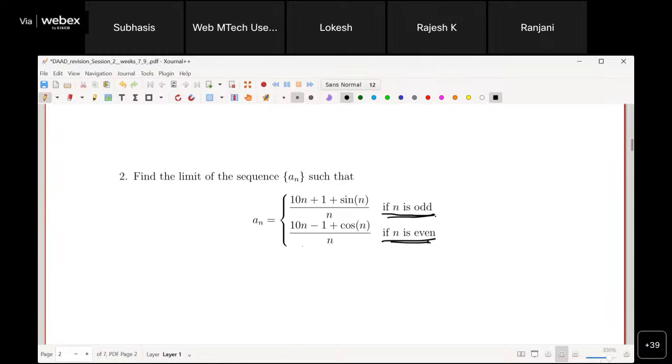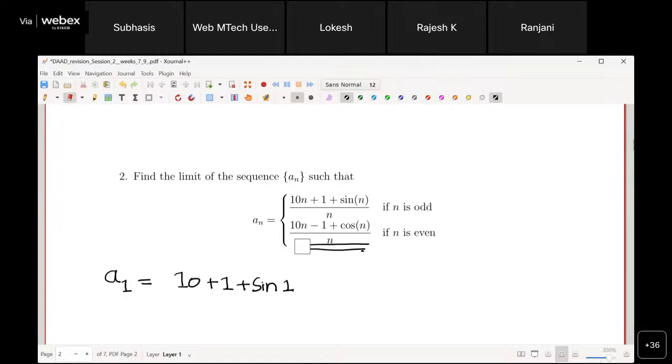For example, a1 is what? a1 is 10 plus 1 plus sine 1, because an is this expression when my number n is odd, and an is the other expression if n is even.